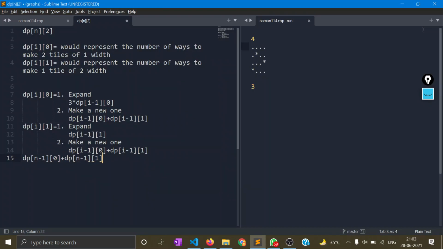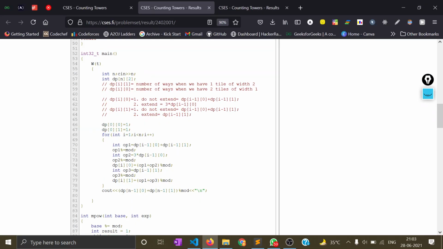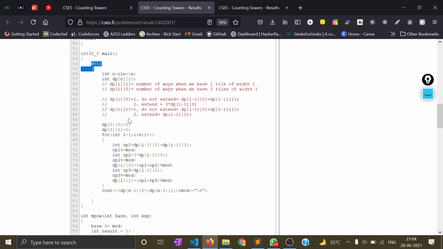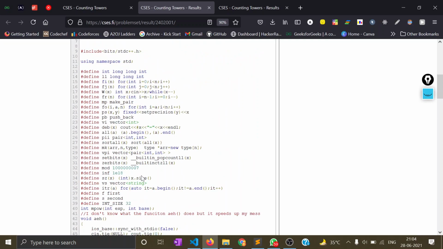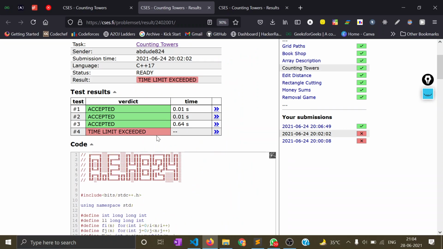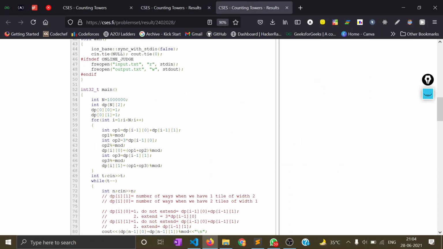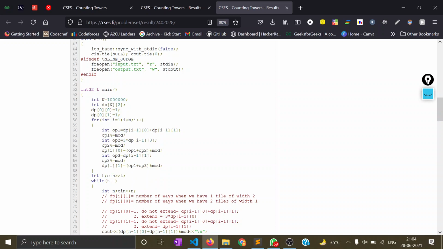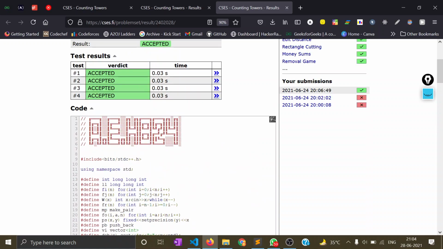We want all the ways, so we just add these two. This was the first approach that I had: I did the DP computation inside the T loop, the test cases loop, and I got a TLE at test case 4. But when I did pre-computation beforehand for n equal to 10 power 6, I didn't get a TLE.